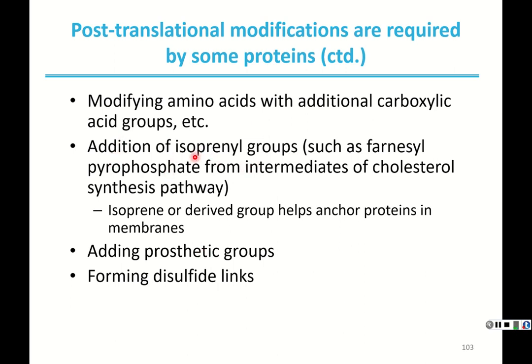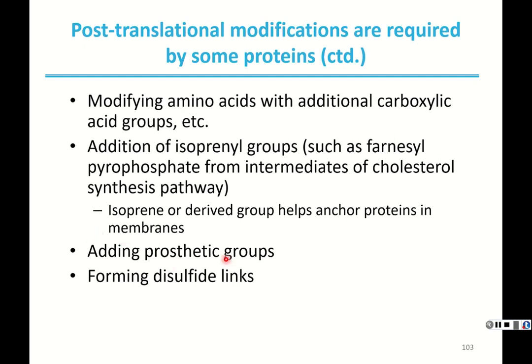Isoprenyl groups can be added, and these are isoprene derivatives. We've talked about isoprenes in chapter 10 on lipids. Okay, that's just a very common building block that some lipids are made out of. And what these groups are usually used for is to anchor proteins in membranes. So when you have an isoprene group attached to a protein, it really helps it be anchored in a membrane.